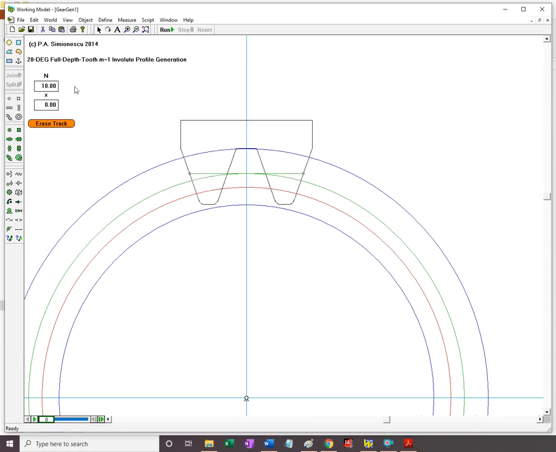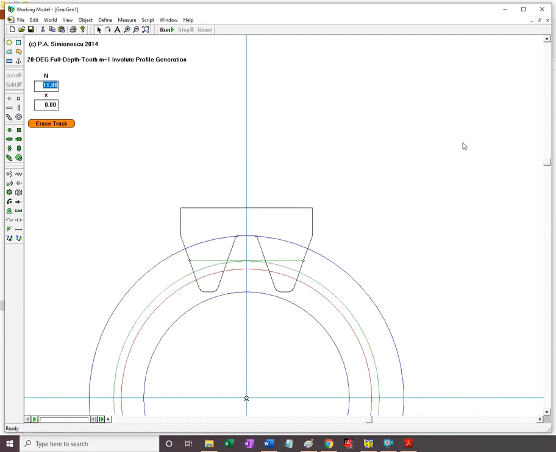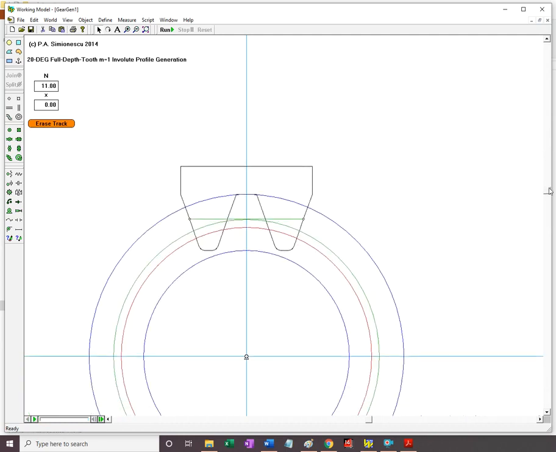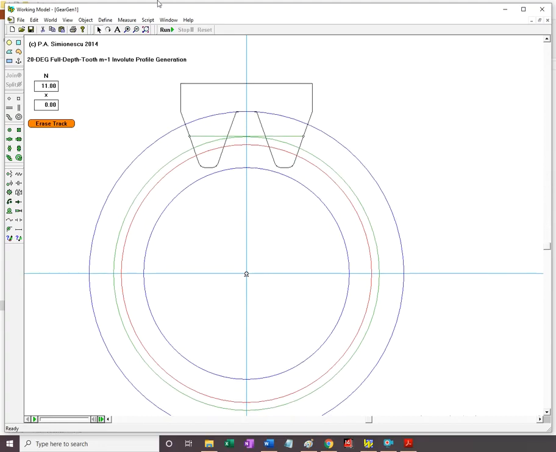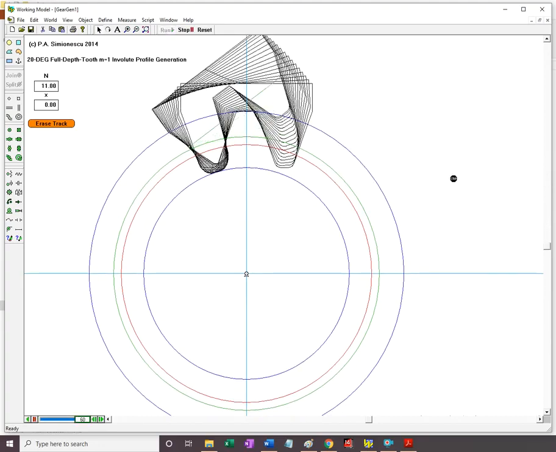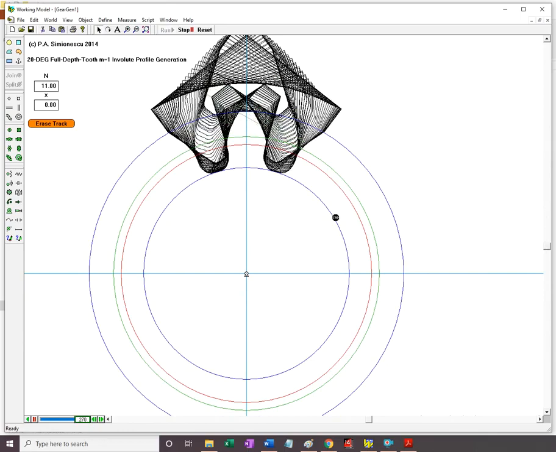Okay, I'm also explaining here the addendum modification ideas. So if I have, say, only 11 teeth for the future gear, and I generate that tooth, it is going to be undercut.